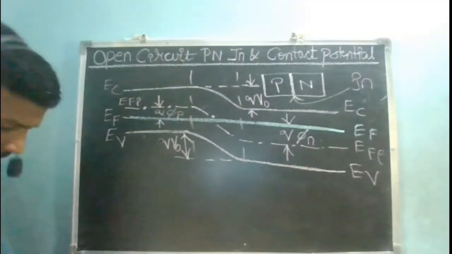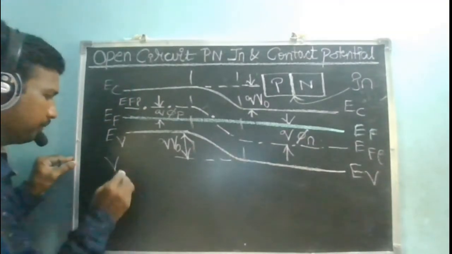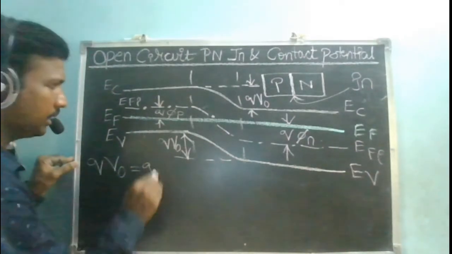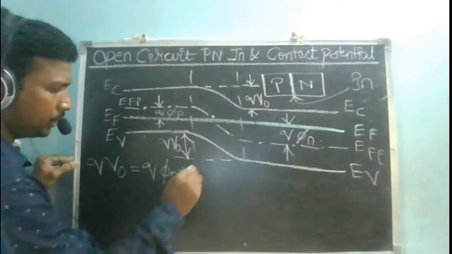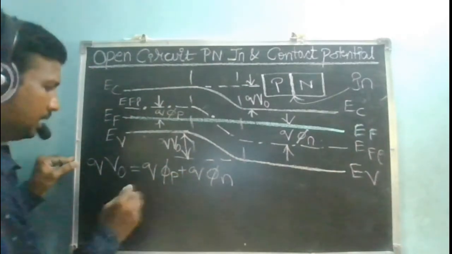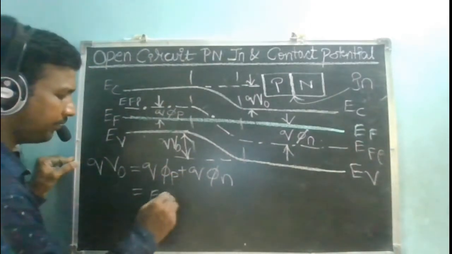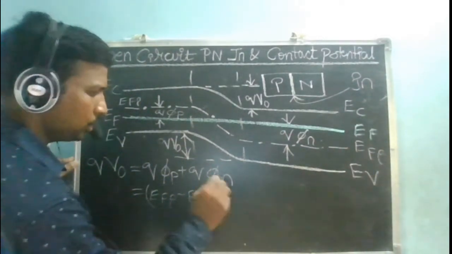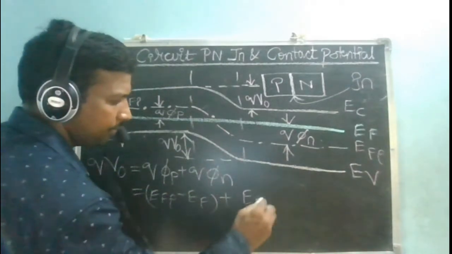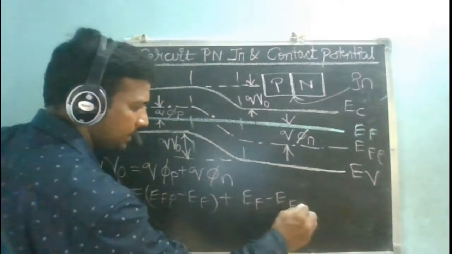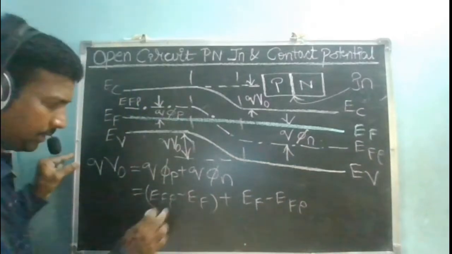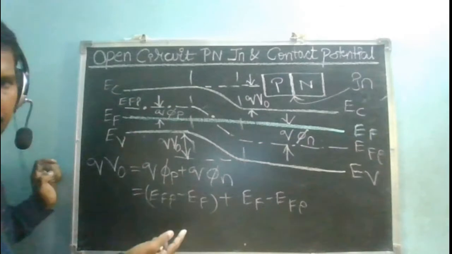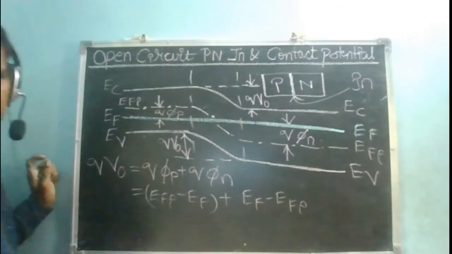Q times V naught is given by Q times phi p plus Q times phi n. Q times phi p is EFi minus EF, plus Q times phi n, which is nothing but EF minus EFi. I am considering this with respect to the intrinsic Fermi energy level, so I have to get Na with respect to Ni, and Nd with respect to Ni.